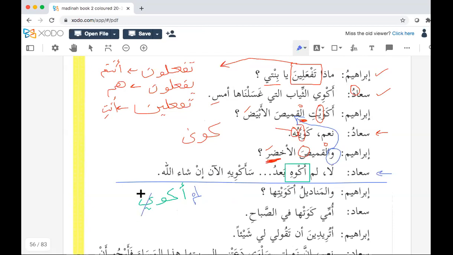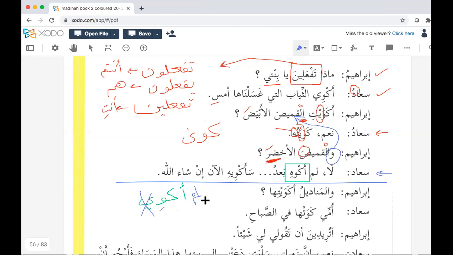We have to remove the harf al-illa, حذف حرف العلة, removing the last letter, and that kasra remains.